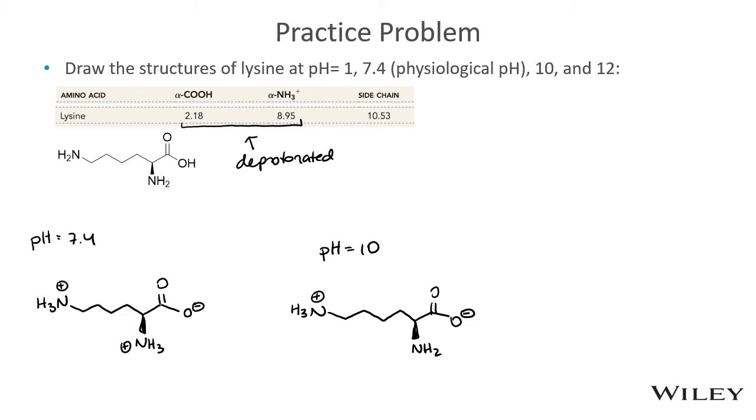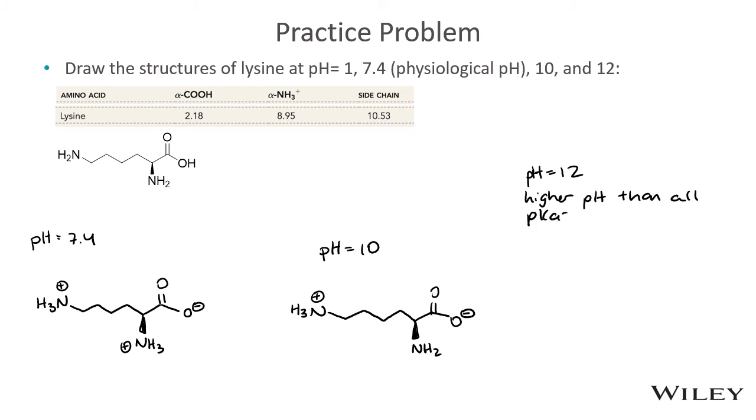And then finally, we'll focus on the pH of 12. Now at a pH of 12, we're at a higher pH than the pKa of all of the groups. That means all of our groups will be in their deprotonated forms.